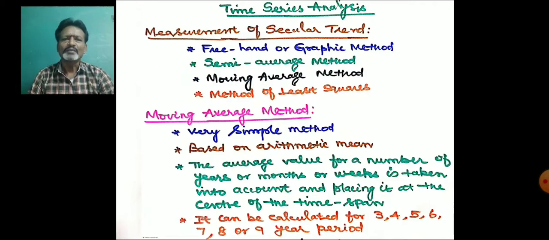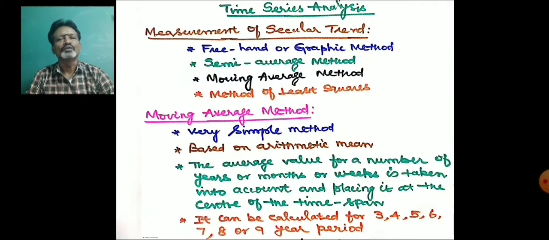At the time of calculating the semi-average, you have to consider whether the number of years is odd or even. If it is an even number of years, it is easy for you to classify the data into 2 equal parts. Suppose 10 years of data is given.